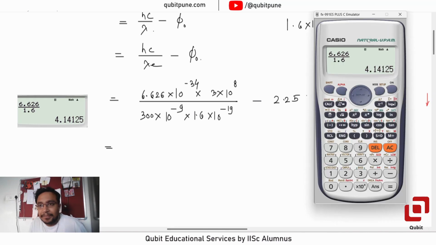Let's do it. 6.626 into 3 into 10 raised to negative 34 plus 8 upon 1.6, already considered that, into 300 into 10 raised to negative 28.